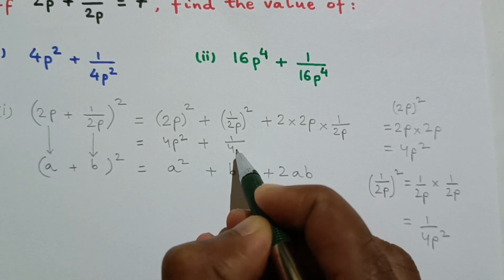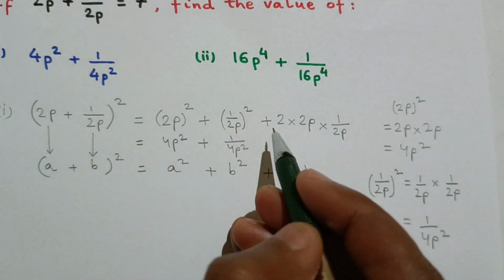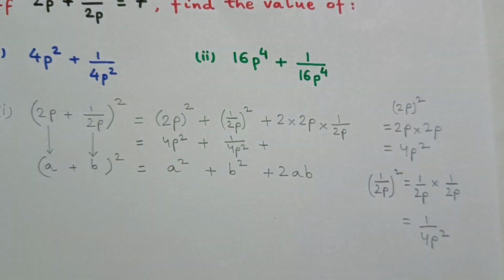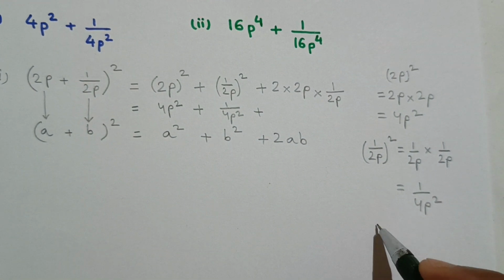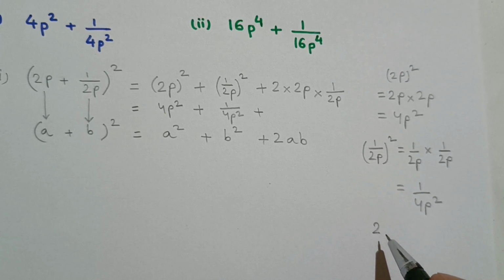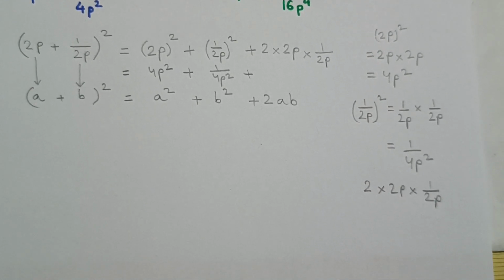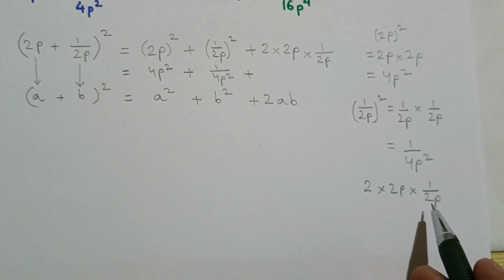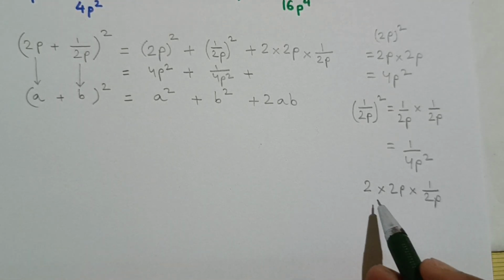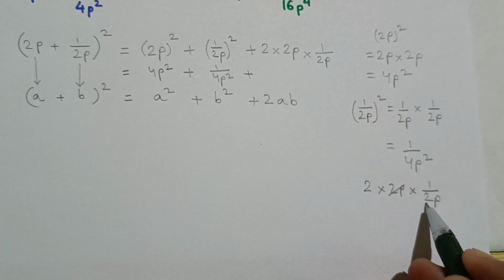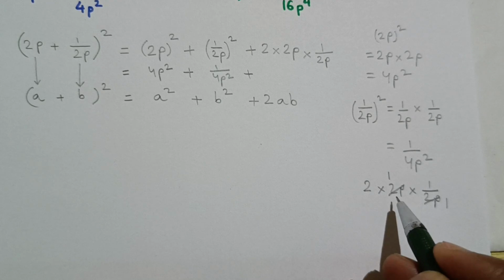So 1 upon 4p square, plus 2 into 2p into 1 upon 2p. So what is 2 into 2p into 1 upon 2p? In multiplication of fractions, this 2p and this 2p will cancel with each other, so we get 1 and 1.